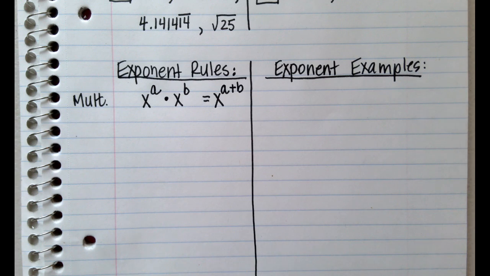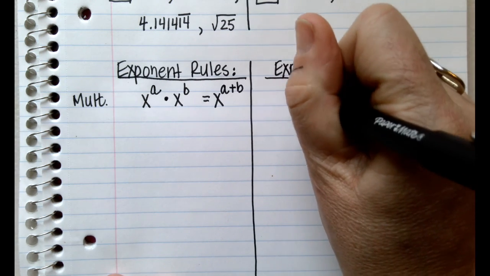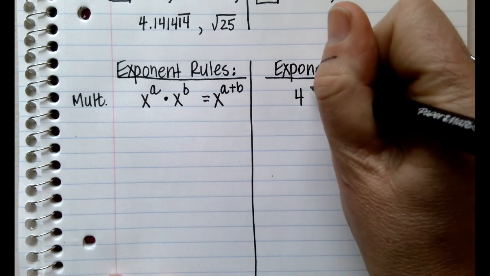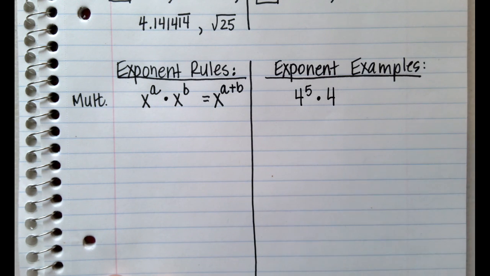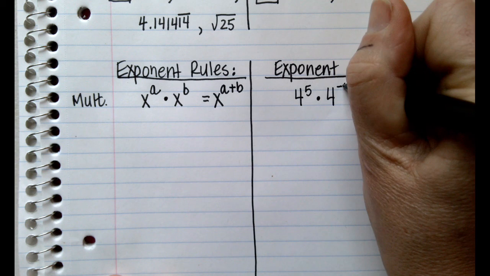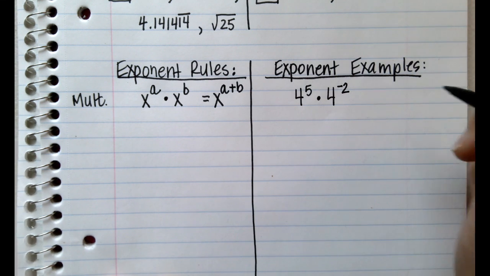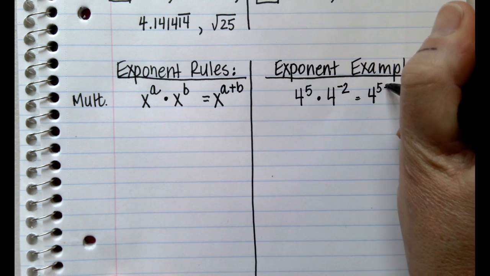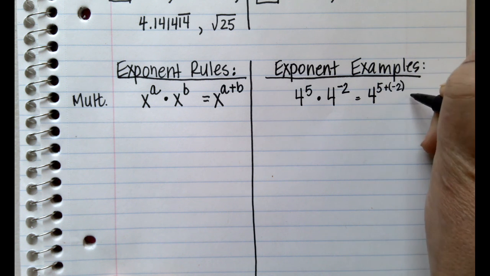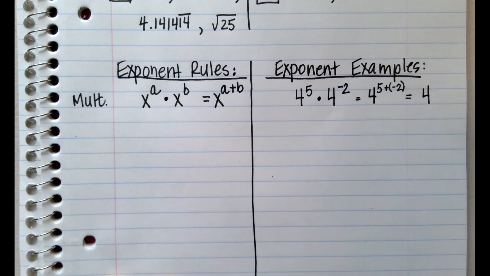An example there might be, let's say 4 to the 5th power times 4 to the, I'm going to get wild here and go -2 power. So I'm going to keep my 4, right? The base does not change. And I'm going to add my exponents. I'm going to do 5 plus a -2. So that's going to give me 4 to the 3rd power.